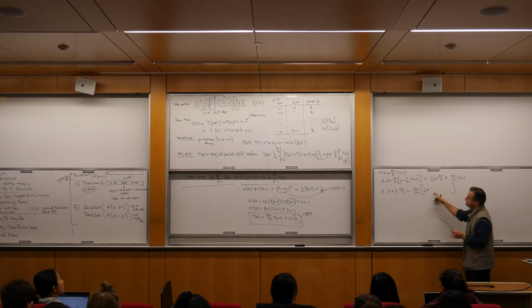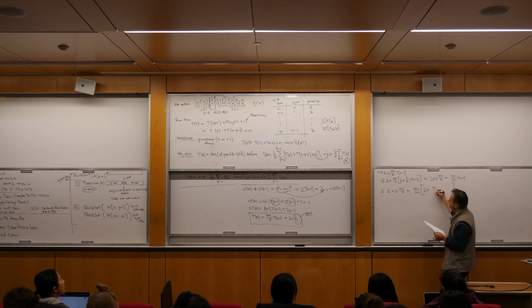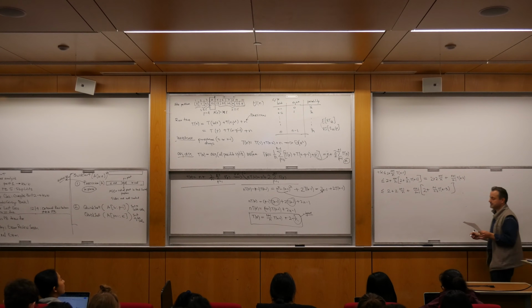So what do I get? N minus 1 over n minus 2, like that. T of?